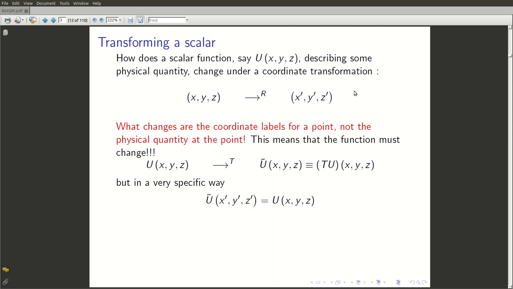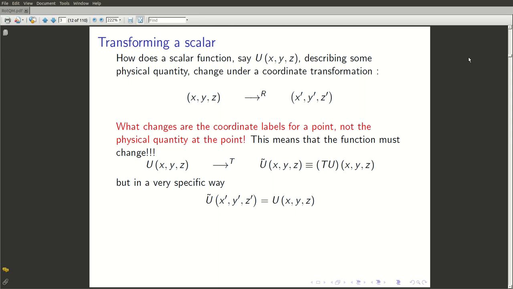Now this change has to happen, but it has to happen in a very, very specific way. Remember, the point stays the same despite the fact that x prime, y prime, z prime become the new labels. So the function u must change into a new function u tilde, but this change has to happen in a very specific way. After all, remember that the point has not really changed.